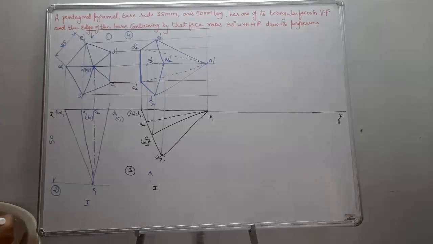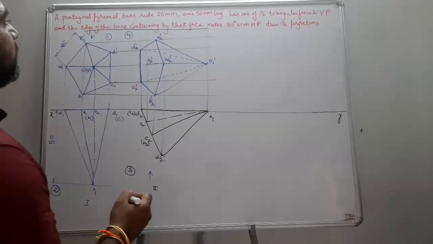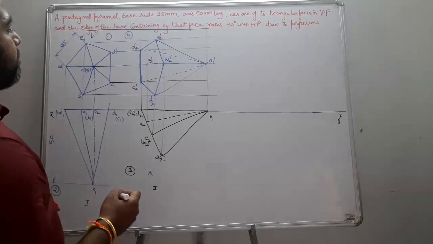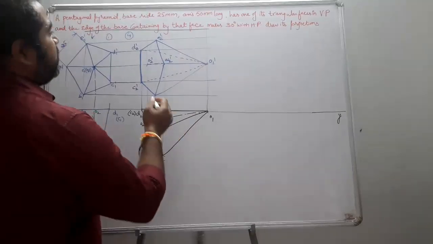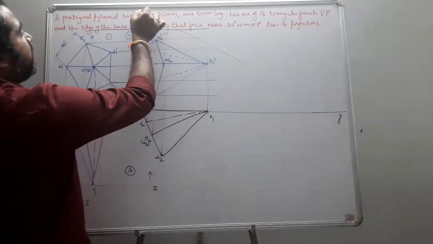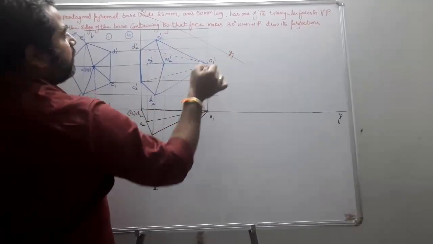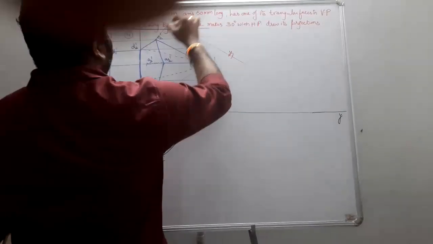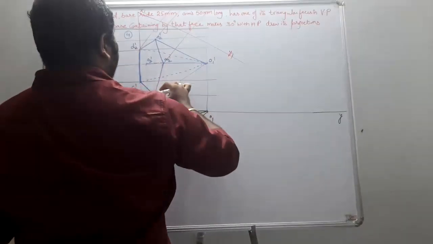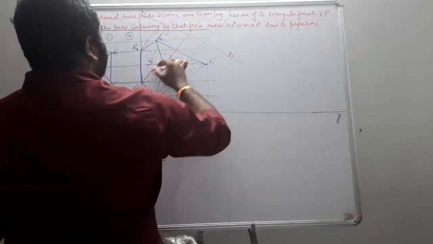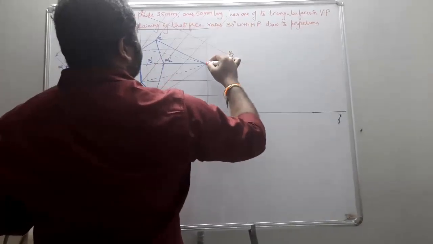Or you can extend this edge. If your space permits, you can go for extension of this, and you can draw the two reference lines X1, Y1, and from here you can draw the projectors also.